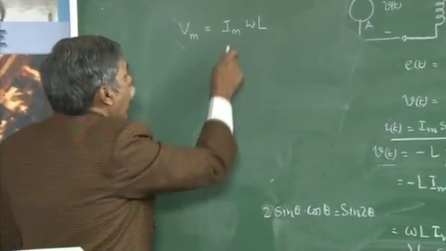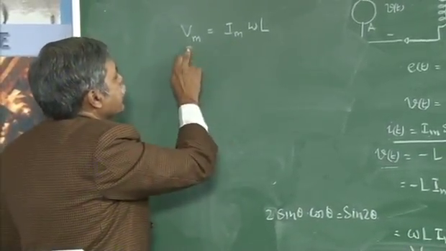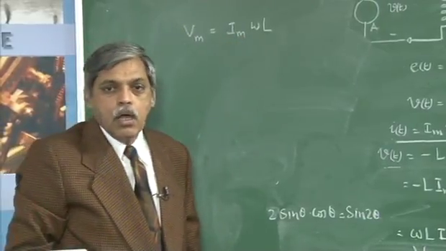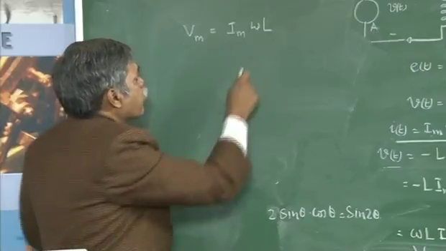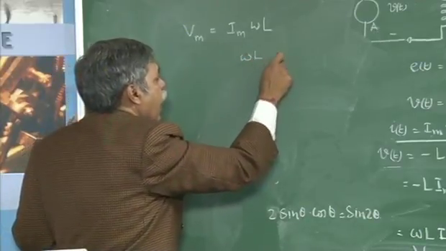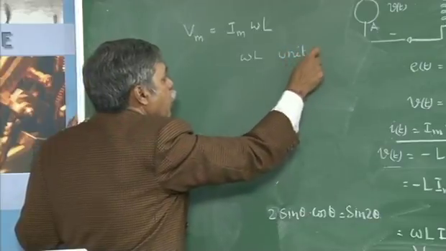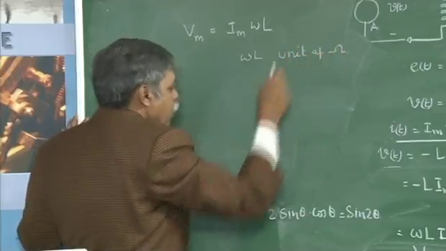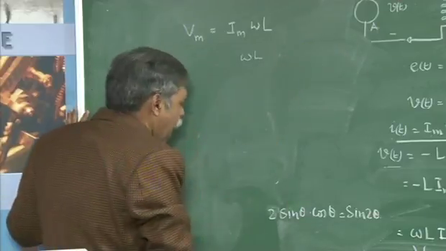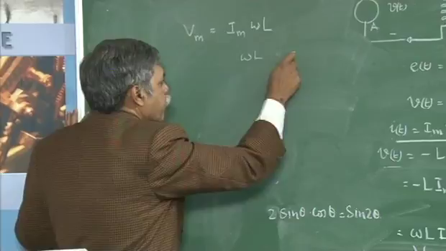Now, as per Ohm's law, voltage is equal to current multiplied by ohms. Therefore, as per this equation, omega L will have a unit of ohm. That is, the unit for the product omega into L is ohm.